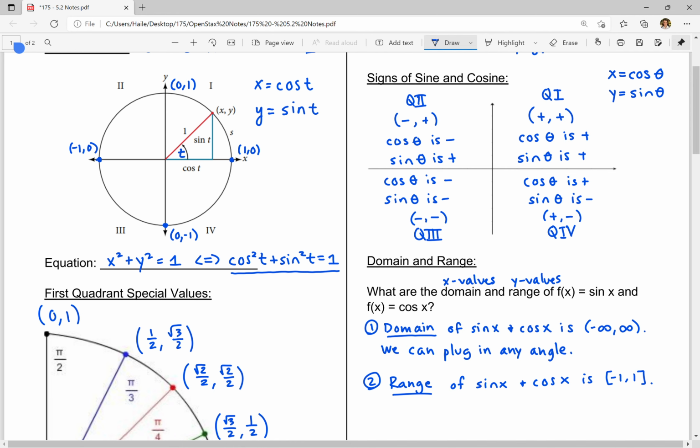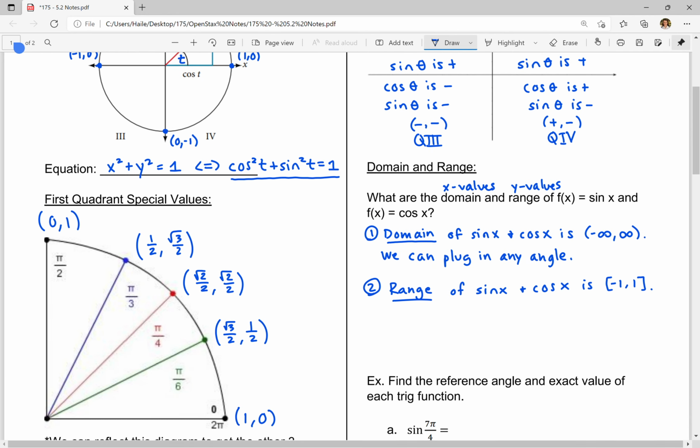Okay, so just to summarize, the smallest value of sine of x and cosine of x is -1. And similarly, the largest value of sine of x and cosine of x is +1.